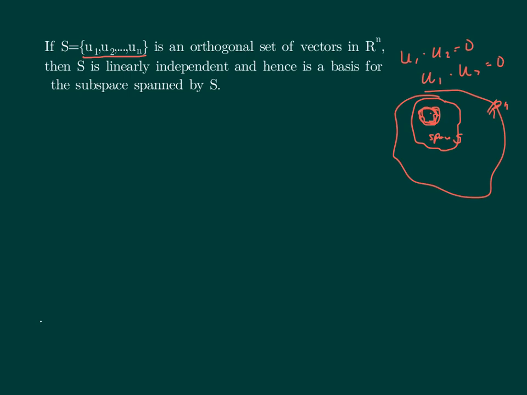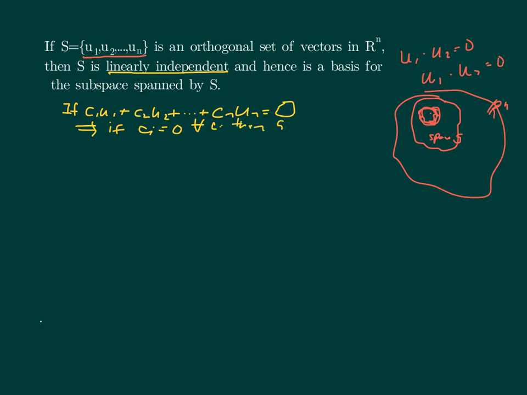Now remember, our definition for showing something is linearly independent is to show that if a linear combination of the vectors in S is 0, then c sub i is equal to 0 for all c sub i, and S is linearly independent.